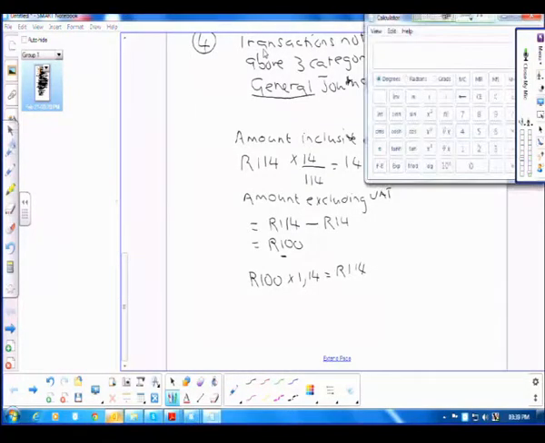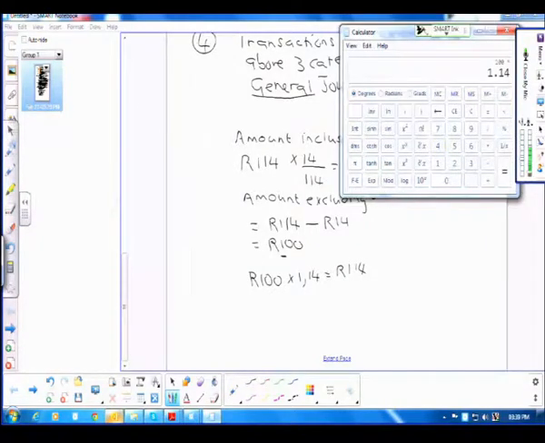Let's try it. We want to see if we will get to 114. So we say, okay, 100 times 1.14 equals, oh great, we've got our 114.